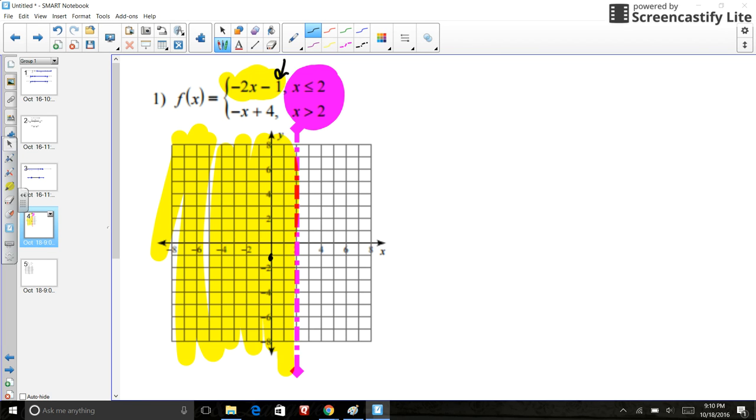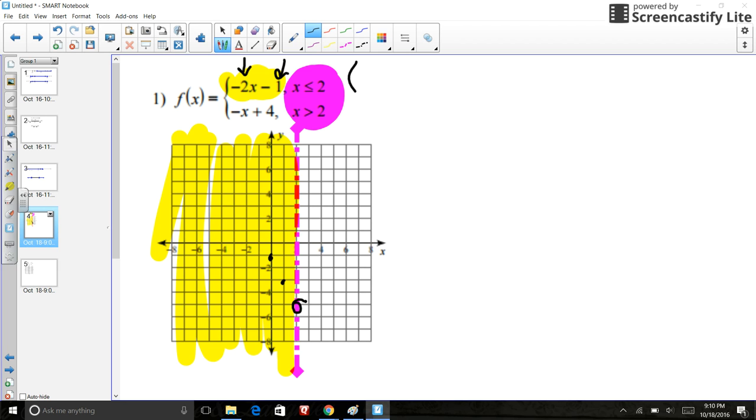Then it says my slope is negative 2, which means I go down 2, right 1, down 2, right 1. Now that means I hit the line right here when y is negative 5 and x is 2. So it hits that line at 2, negative 5.